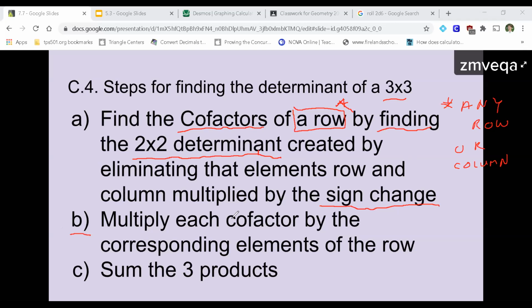You then multiply each cofactor by the element that created it, and then you sum your three products. So basically, to find the determinant of a 3x3, you have to find three 2x2 determinants, multiply by the sign change, multiply again by the element that made it, and then add your three answers together.